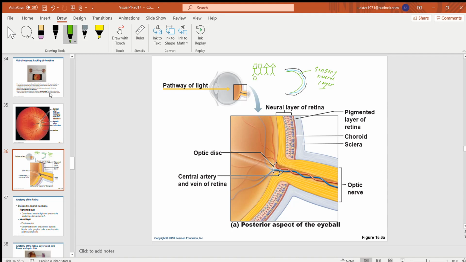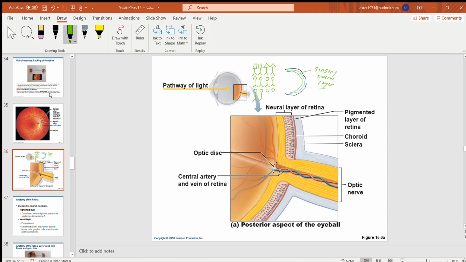And another layer of cells are the bipolar cells. You must remember from last lecture. So these are the bipolar cells, and then the innermost layer is the ganglion cell layer, right? So these are the ganglion cells.